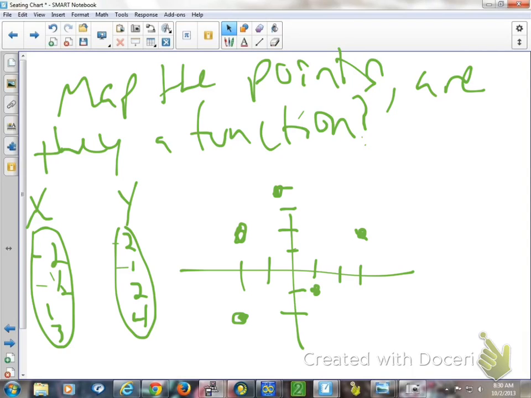Now to map them, negative 2 was a point, so that's one mapping. Negative 2, positive 2 was a point, so that's a mapping. Negative 1/2, 4 was one of my coordinates. 1, negative 1 was one of my coordinates. And 3, 2 was one of my coordinates. There's the mapping. Is this a function?